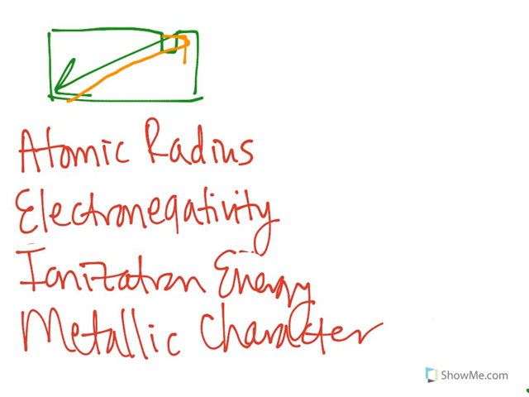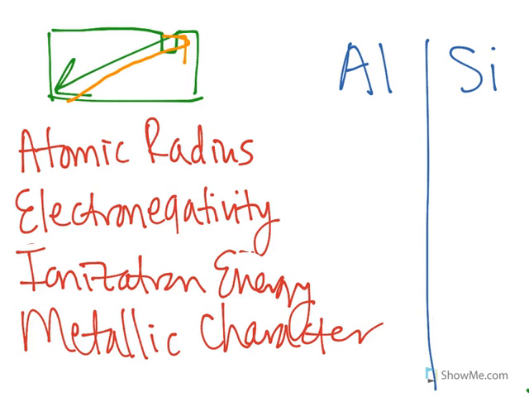Let's try that again with a different set of atoms. For example, aluminum and silicon. So in this case, aluminum would have the greater atomic radius because its effective nuclear charge is smaller, and thus it pulls on its electrons less, and thus the electrons are allowed to exist further away from the nucleus, resulting in a larger radius.